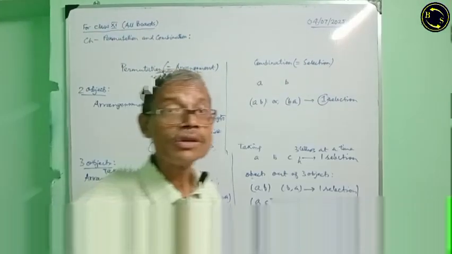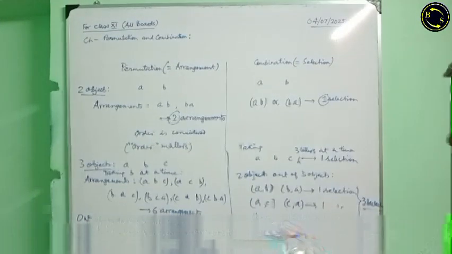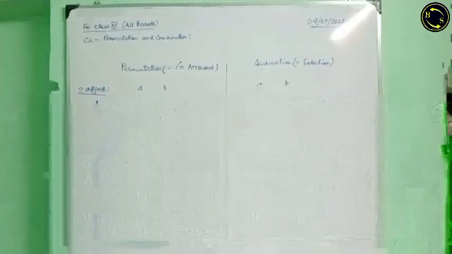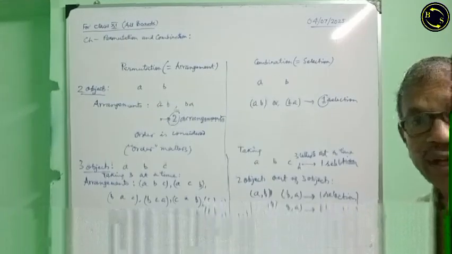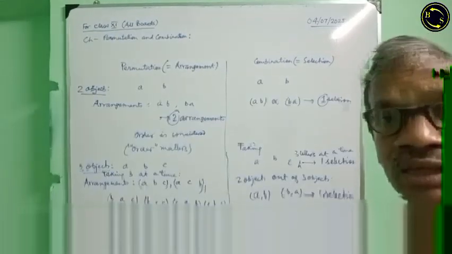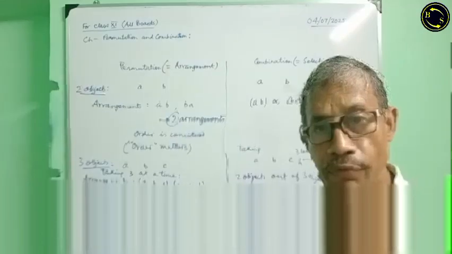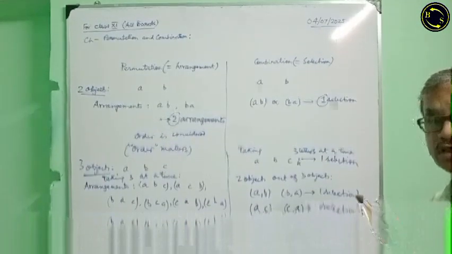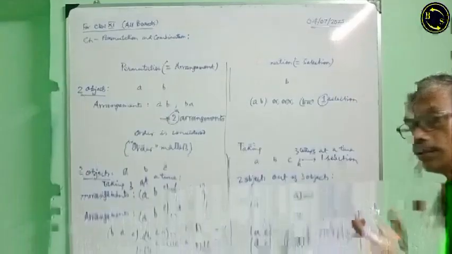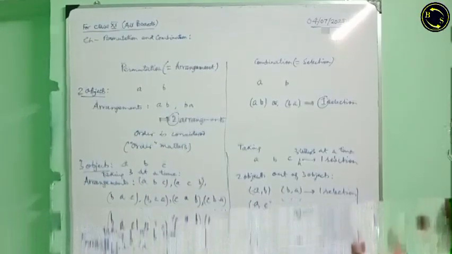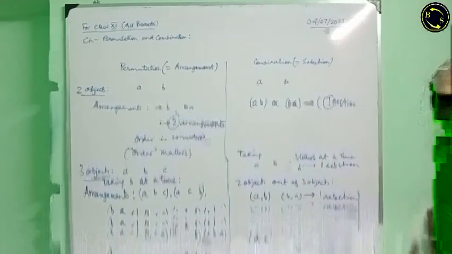Thus, in case of permutation, it is about positions: if two objects are taken, changing the positions, we get different arrangements. But in case of combination or selection, change of position, that is, order does not matter.